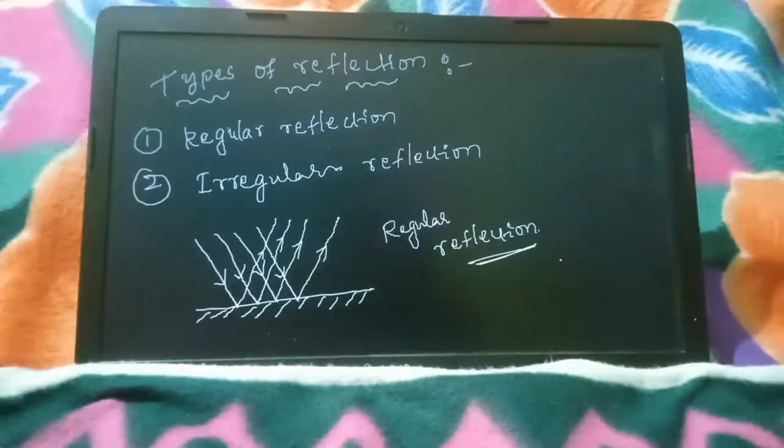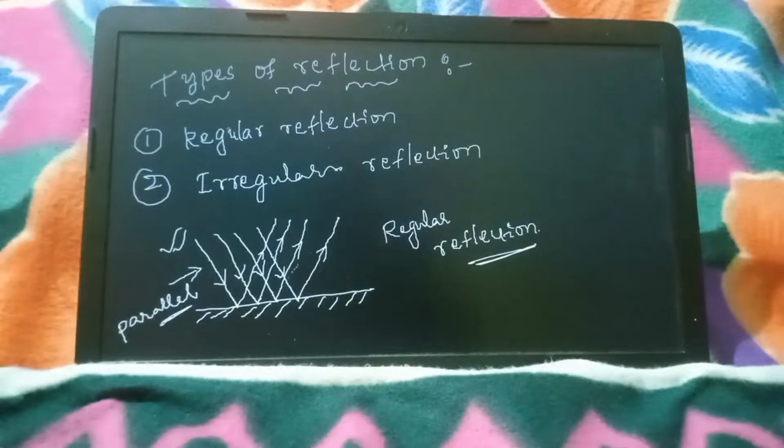First point: the light rays incident on the plane mirror are all parallel to each other.